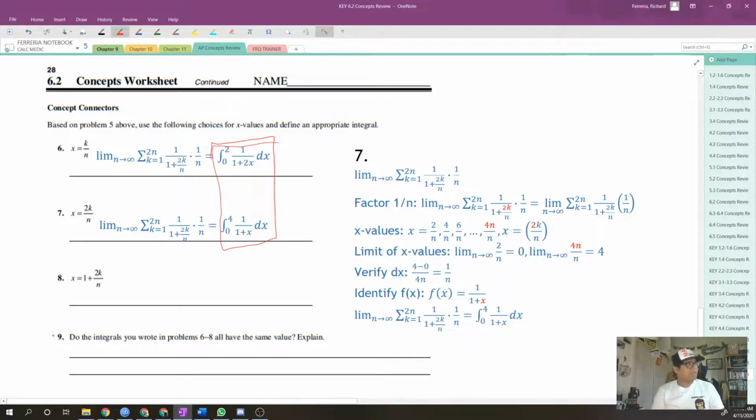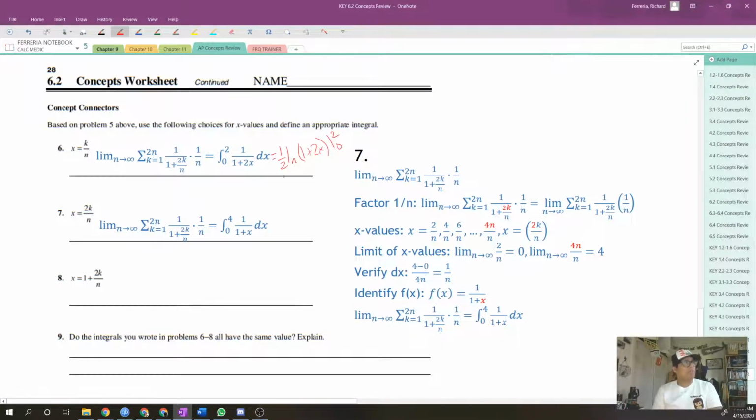And that's going to bring us to number 9. Do the integrals 6 through 8 integrate to the same value? Well, this one over here is going to be equal to 1/2 natural log of 1 plus 2x, going from 0 to 2.